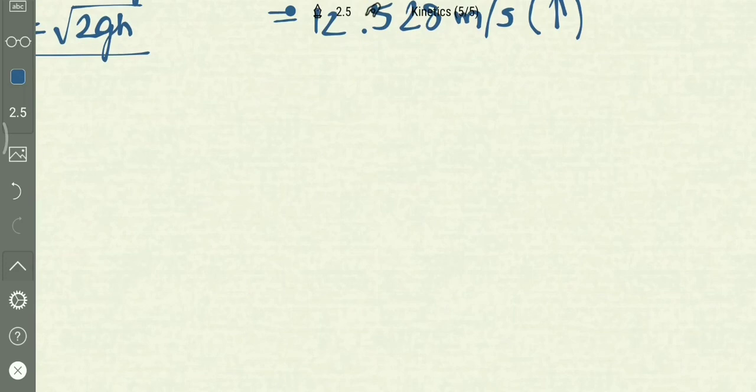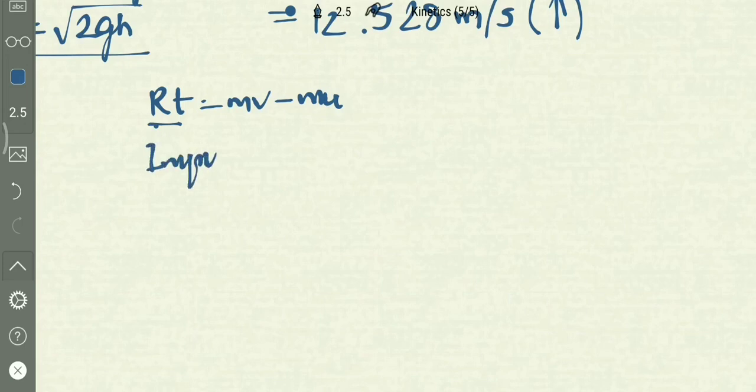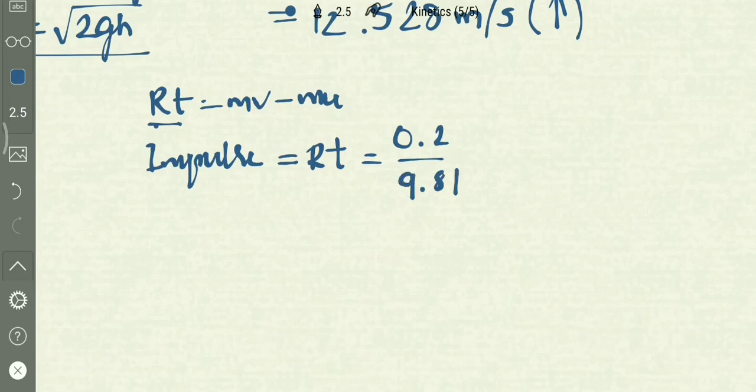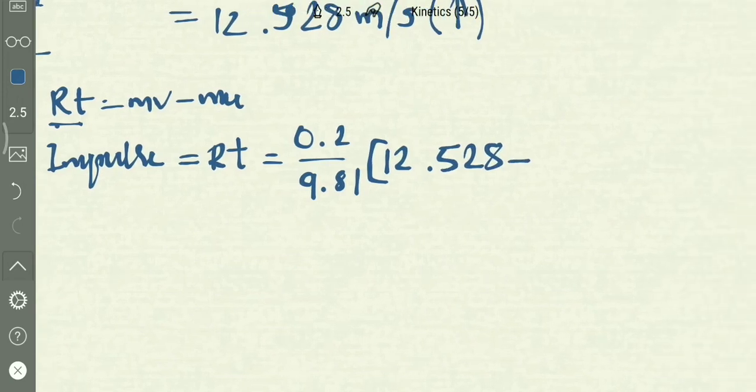If we consider the impulse momentum equation, Ft is equal to mv minus mu. We need to find this impulse first. Impulse is equal to Ft, which is equal to, what is the mass of the body? The weight is given as 0.2 newtons, so W by g is the mass of the body. What is the final velocity? v is 12.528, minus, what is u?